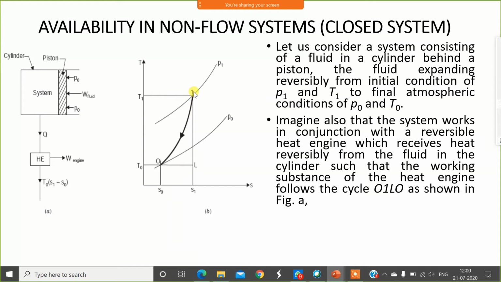The system undergoes 0 1 L 0, where you can see that at point 1 and at point L, entropy is the same.